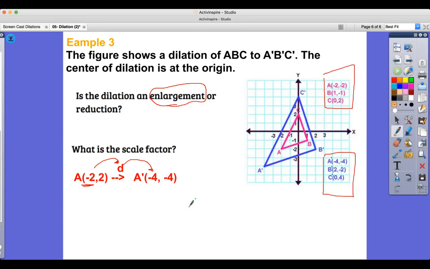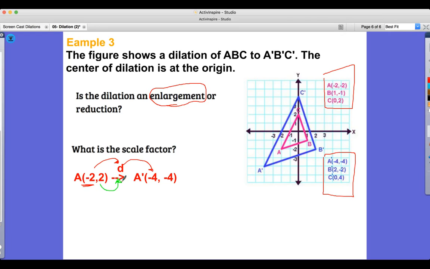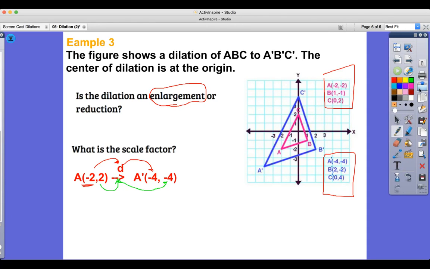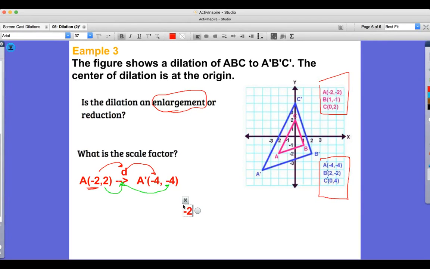Likewise, if I get the second value and multiply it by the dilation D, I should get the second value. Let's calculate the first one, the one I mapped out in red. So we're going to have negative 2 times D equals negative 4. Now we have to solve this equation.